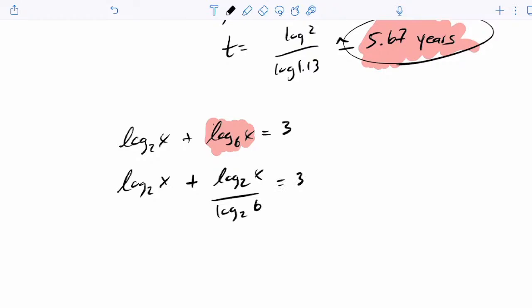Right? I wanted them both to have bases of 2, so I did that. So now I can factor out this log base 2 of x, and this becomes 1 plus 1 over log base 2 of 6 is 3.